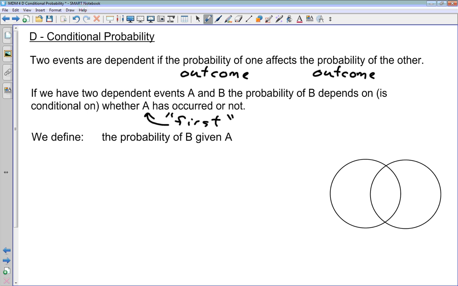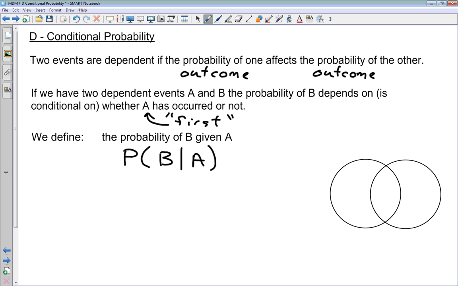So we know what has happened in event A and how it is going to influence the probability of B. When we say the probability of B given A, we use the symbol P(B|A). And that vertical line there is read as the word given. Probability of B given A.